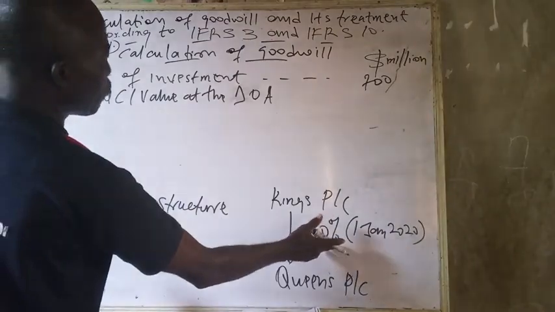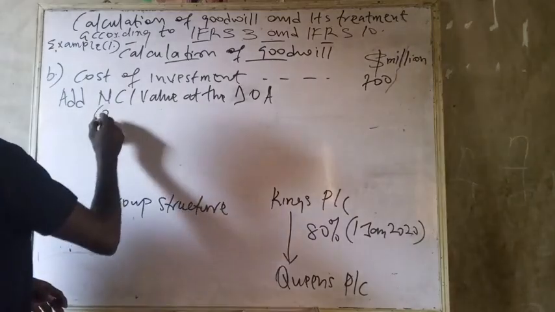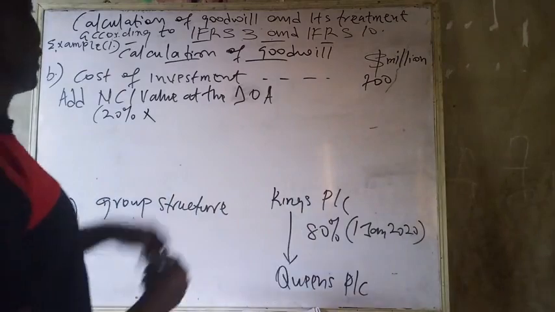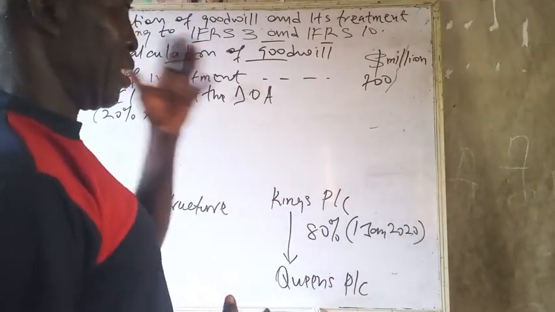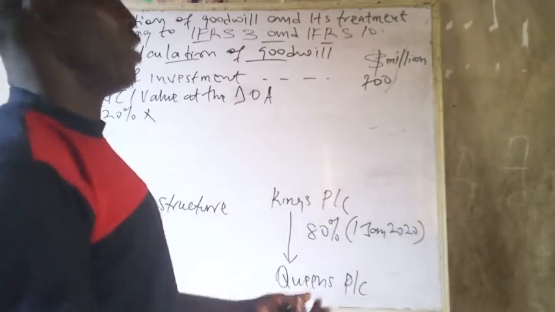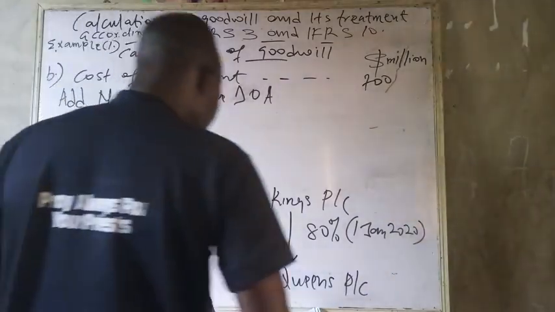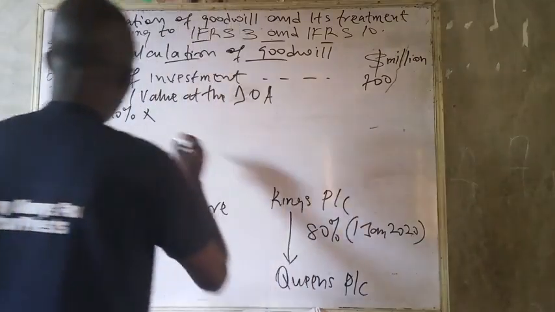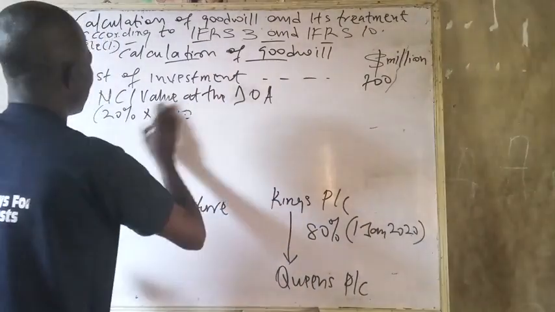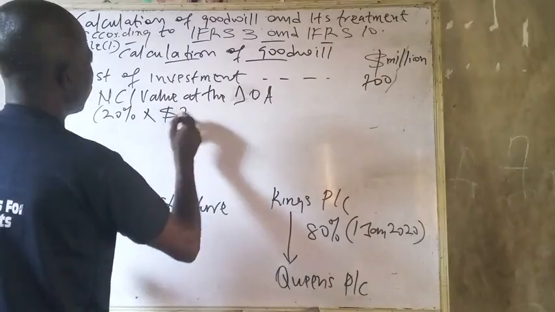When you deduct 80% from 100%, 20% remains, and that 20% is multiplied by the identifiable net assets, that is, the assets of the subsidiary at the date of acquisition. That is 780, right? Just watch the question. 780 million.